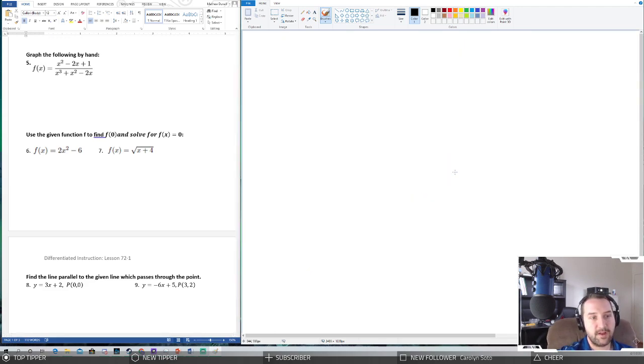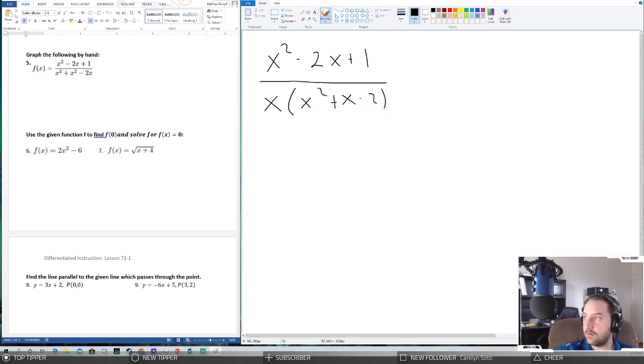Questions on number 5. So we'll practice maybe just going over finding the descriptive material. So if I have x squared minus 2x plus 1 over, now I can start factoring this a little bit. x times x squared plus x minus 2.